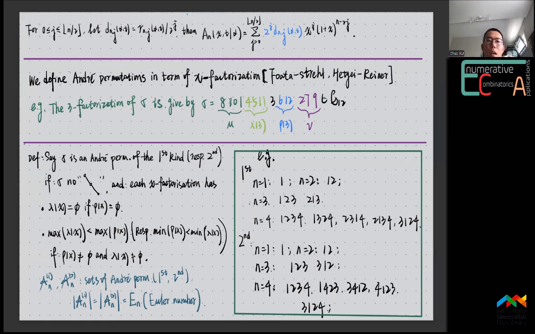In the example, in sigma, if we consider the 3 factorization, we notice the maximal consecutive elements on both sides that are bigger than 3, and for the remaining elements we denote them by mu and v. So the André permutation can be divided using the x-factorization. It is well known that the number of André permutations is equal to the Euler numbers. Here is the example.